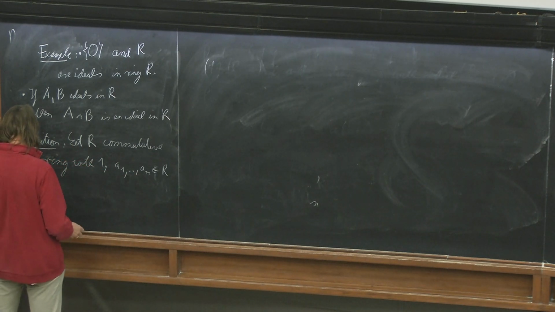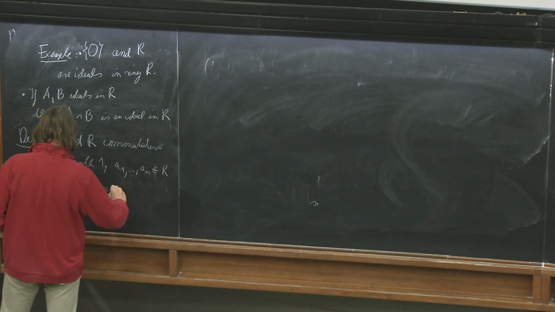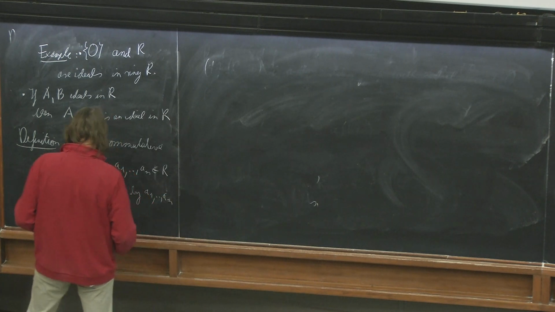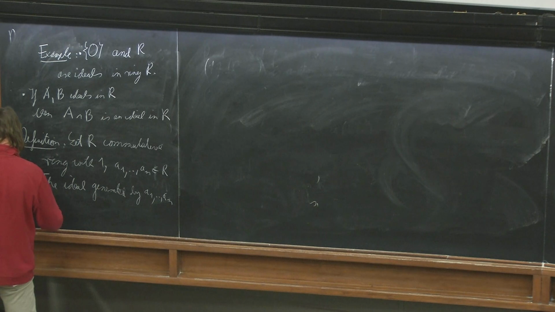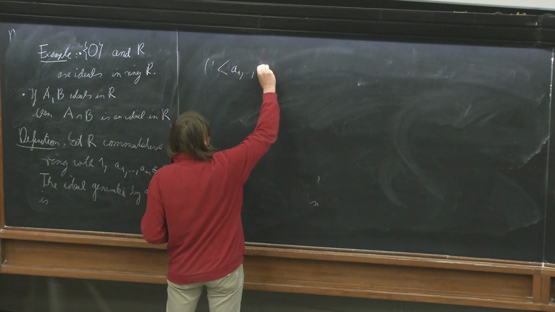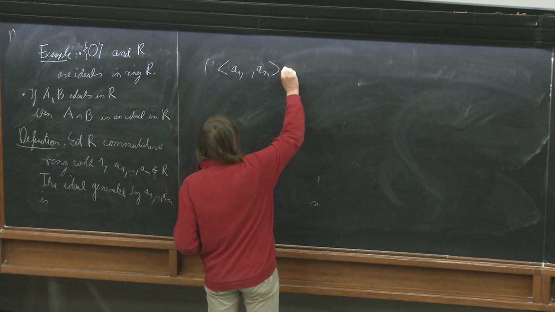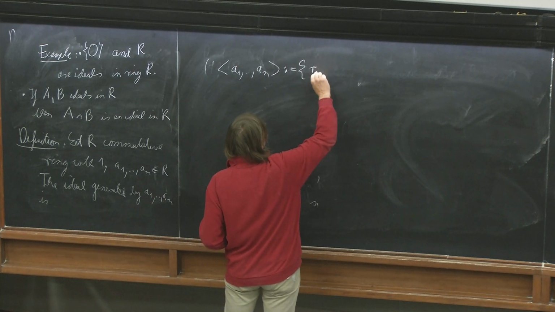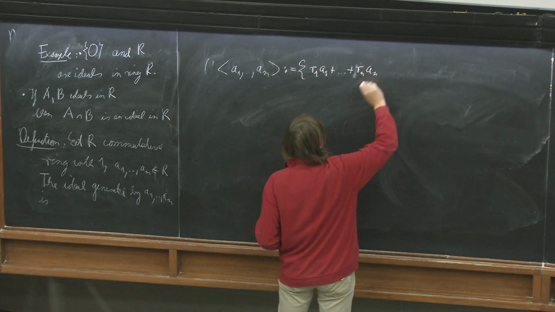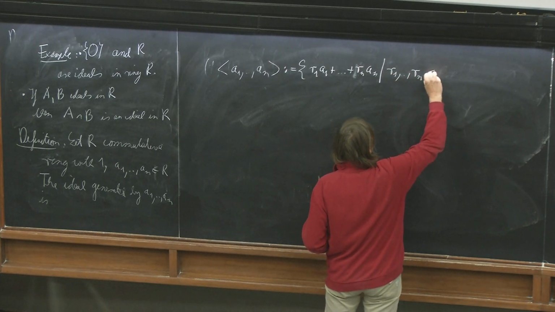So the ideal generated by A1 to AN in R is the set, and I use the same notation as I used for subgroups, of all R1 A1 plus and so on, plus Rn An, where R1 to Rn are elements in R.